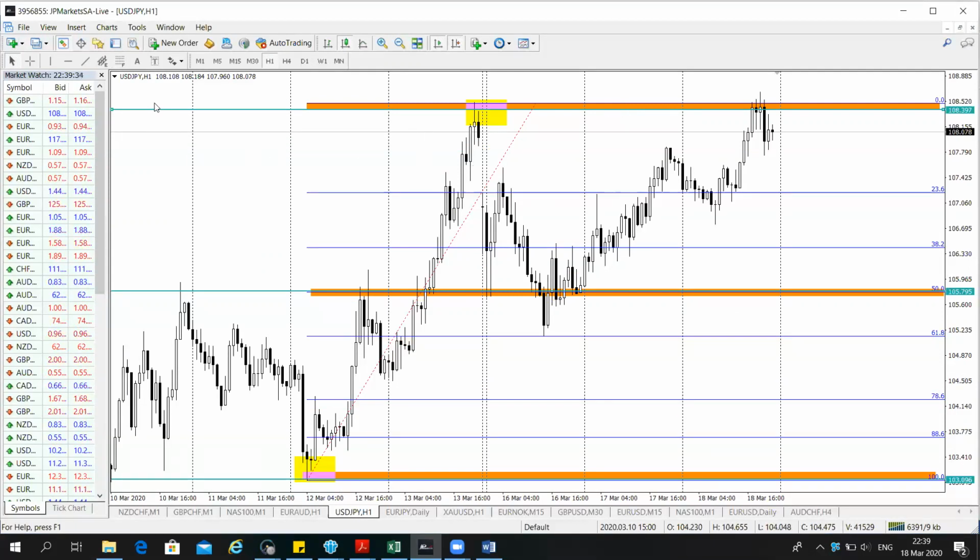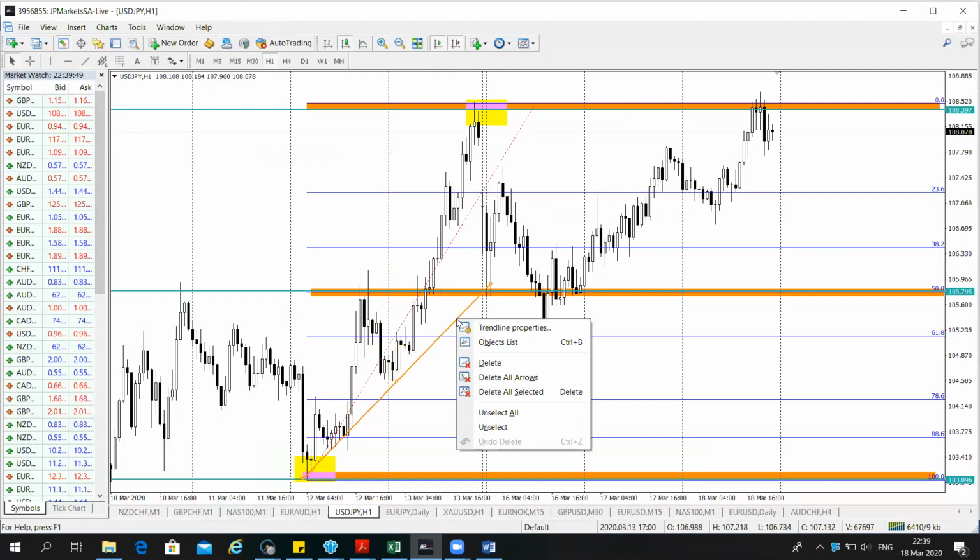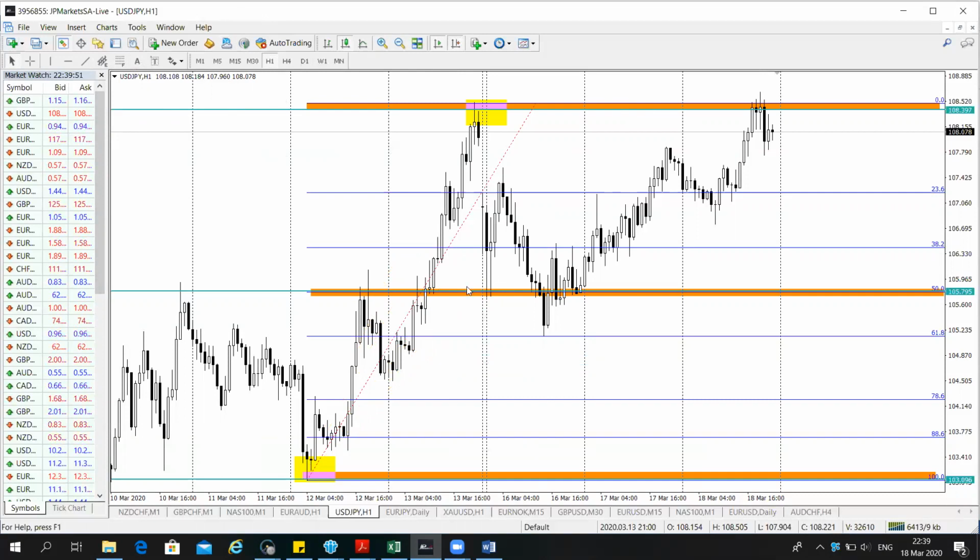The Cortez theory tells me that if my initial direction is bullish, then on a 50 Fibonacci level here, it's neutral for me. For me, it's a neutral zone, right?